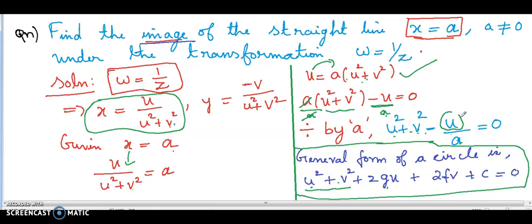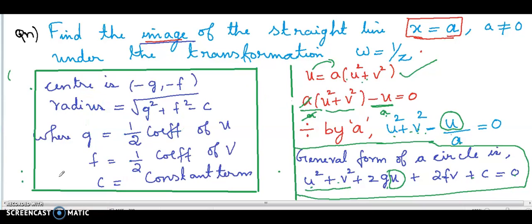Now what is the coefficient of U? You can note down these things while writing in the examination. It is not needed to write everything, but you can write the required things. You need the general form of the circle, and you write this. And here, what is the center of the circle?